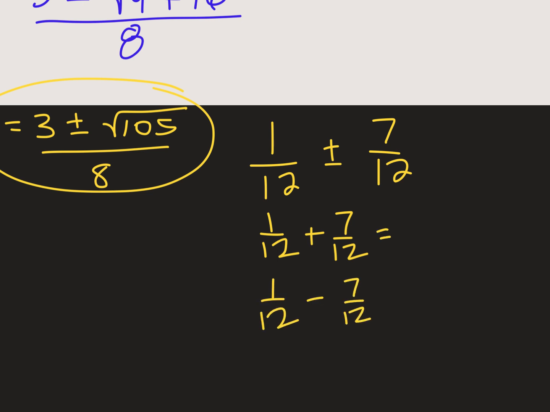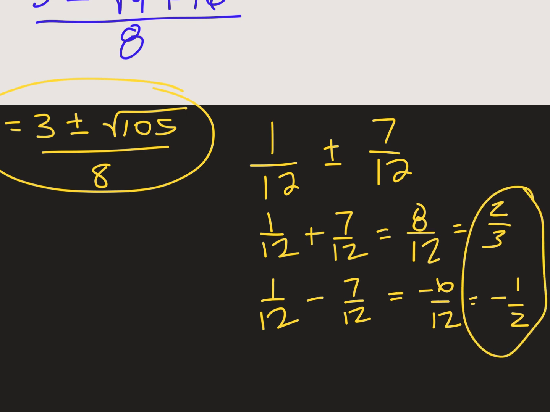What's 1/12 plus 7/12? So this would be 8/12, which would then simplify to 2/3. Okay. Then 1 minus 7 would be negative 6 over 12, which would be what? Negative 1/2. Okay. If you don't have a radical, go ahead and do the 2 math problems that are there. This would be your 2 answers. Don't leave it like this.